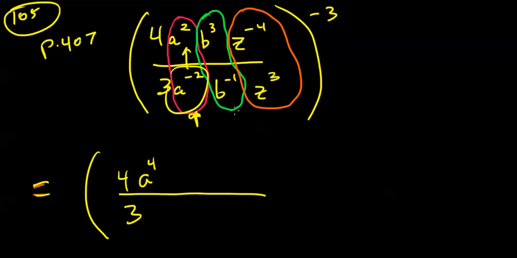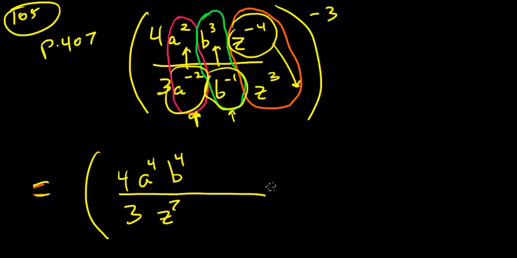Similarly, if the b to the minus 1 power comes upstairs as b to the first power, I'm going to have b to the fourth power in the numerator. And if z to the minus 4th power comes downstairs as z to the 4th power, I'm going to have 7 factors of z in the denominator. Looks a lot better. Don't even need such a big fraction bar.